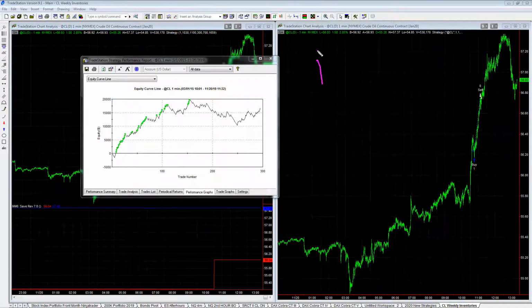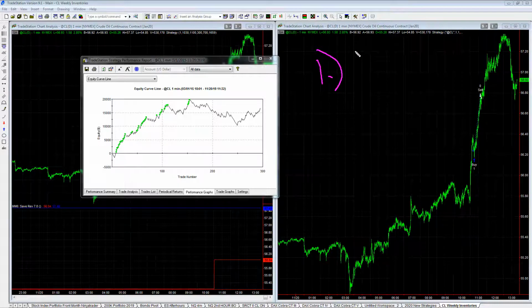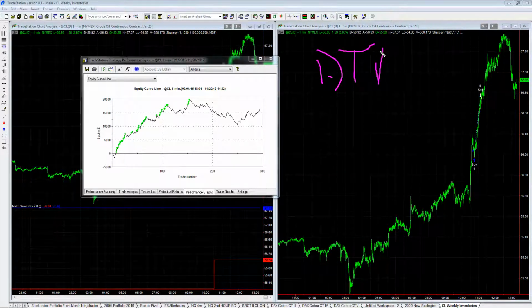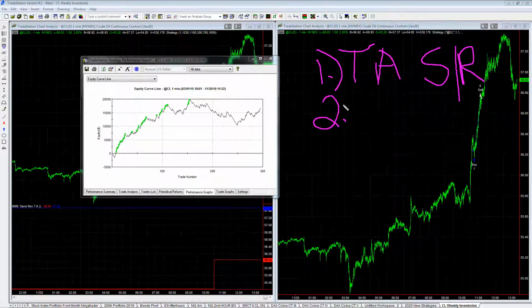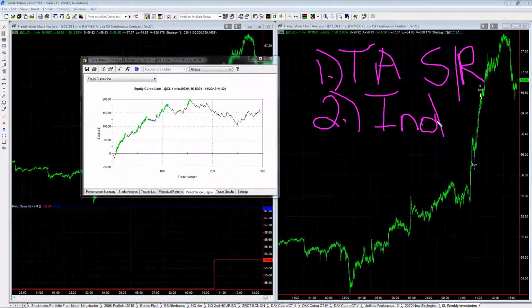And once again, there's three ways to trade crude oil. The first one we went over was technical analysis, chart patterns using support and resistance. It's really more subjective. And number two is with indicators, which is also a little bit more subjective. I've always said, if you have an indicator and a set of rules, you can make a system out of it.